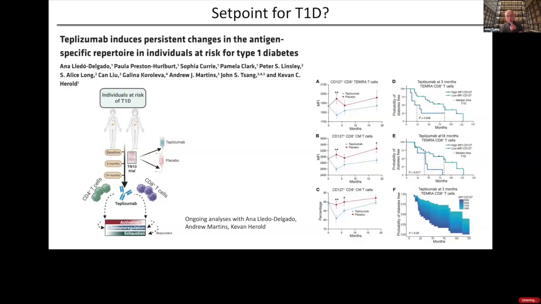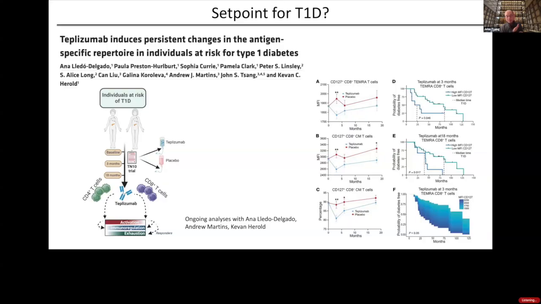We also have been working closely with my colleague Kevin Harrell at Yale, where Kevin and his colleagues over the years have developed this anti-CD3 antibody therapy that delays the onset of type 1 diabetes. So we're starting to look at samples both from earlier trials as well as more recently to see how these may not only delay but maybe even mitigate disease onset in certain patients.